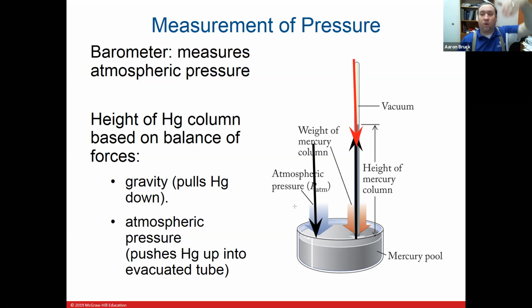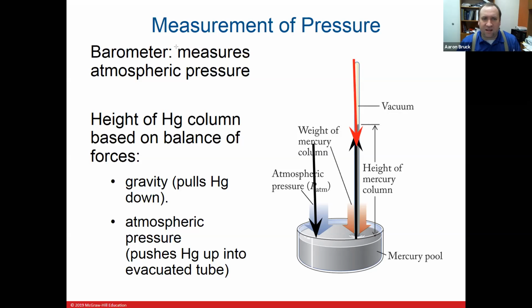Eventually we come to a point where the pressure being exerted by the atmosphere is equal to the force being exerted by gravity, and it stops. We stop going up the tube, it levels off, and that's where we measure how much mercury is in the tube. That's why we measure it in terms of inches of mercury or millimeters of mercury.